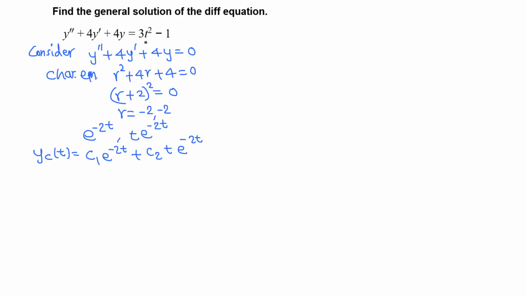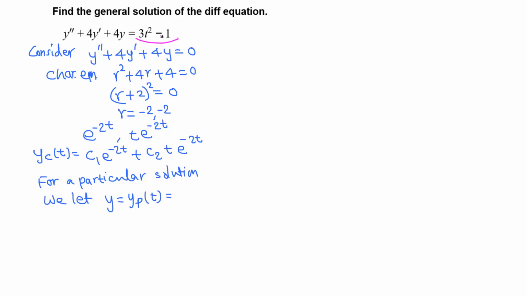Okay, now we find a particular solution based on this right hand side, this non-homogeneous term. This is a degree 2 polynomial. So our guess for a particular solution, we let yp be just based on this.